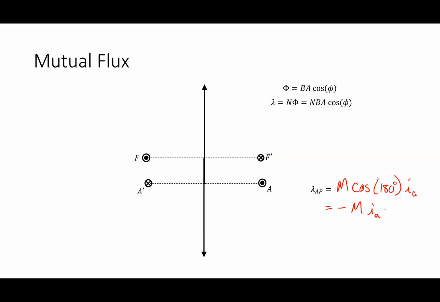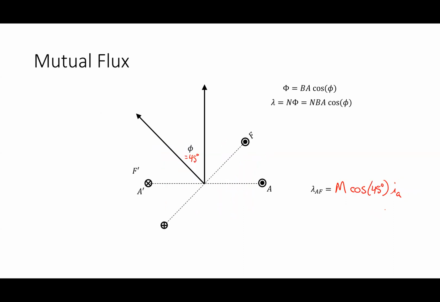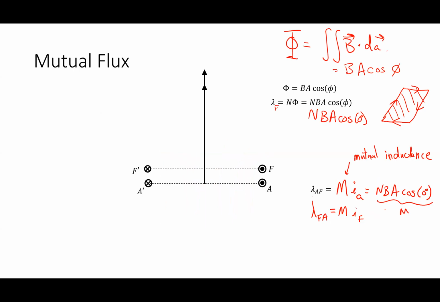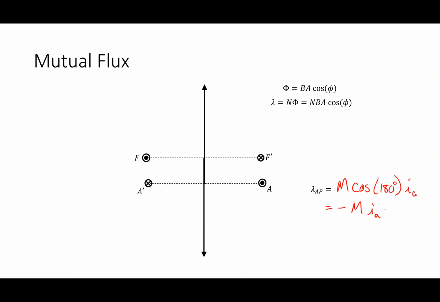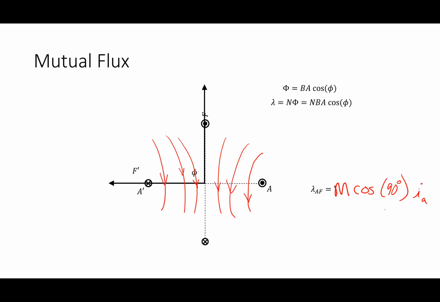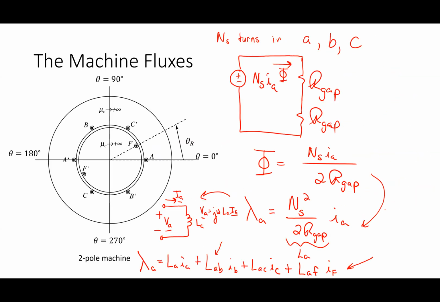Okay. So if I think about that rotor coil moving as a function of time, so at t equal to 0, maybe he starts out here, and then sometime later he's here, sometime later he's here, sometime later he's here. How would I write the flux lambda AF as a function of position?